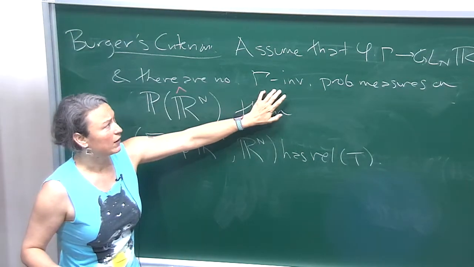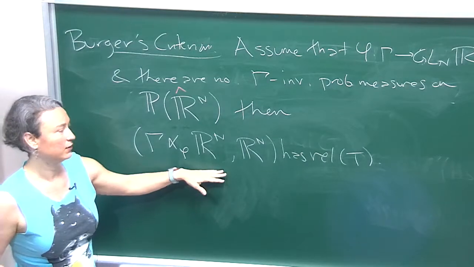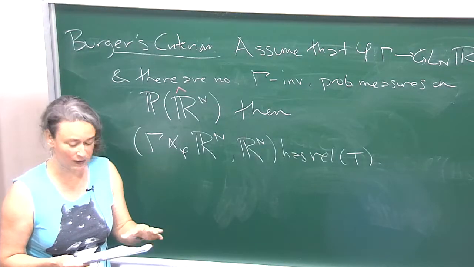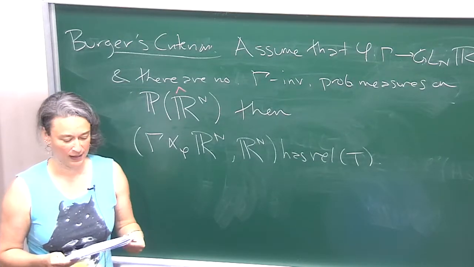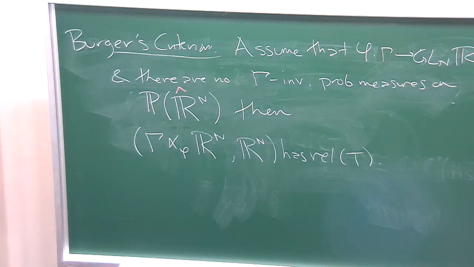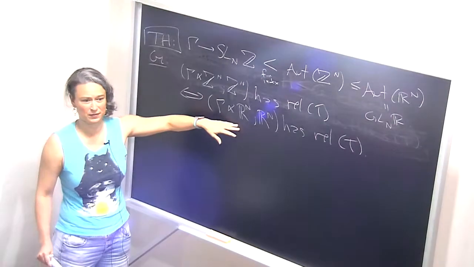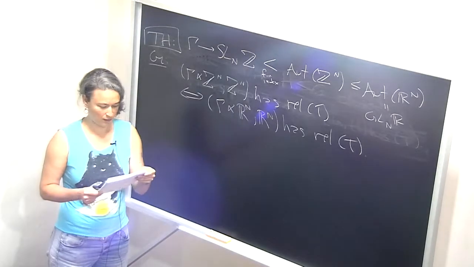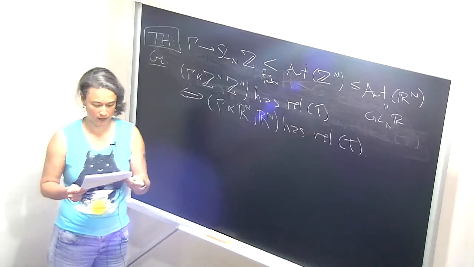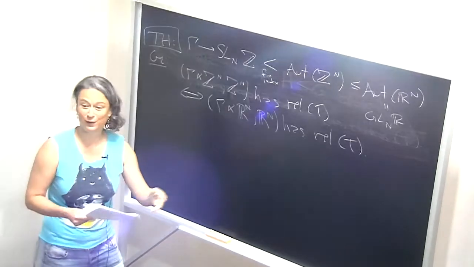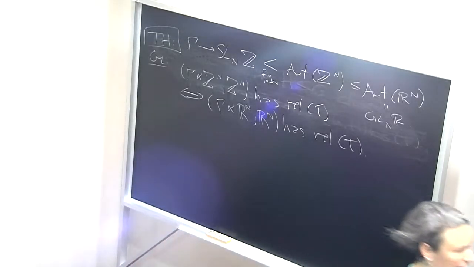If you don't have an invariant probability measure, then you have relative property T. Okay, so we're going to talk about that proof, and then we're going to use that to prove that certain representations will give us relative property T. So that was my little intro to why I would start talking about unitary duals.